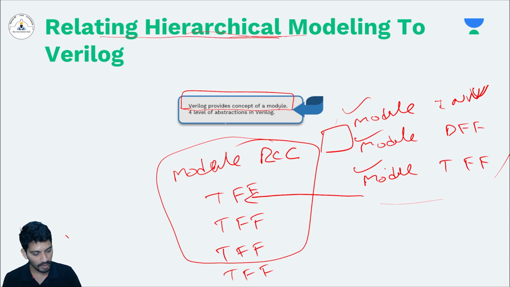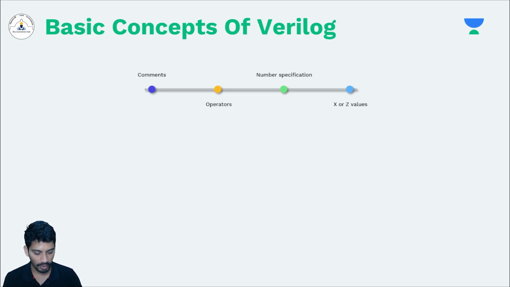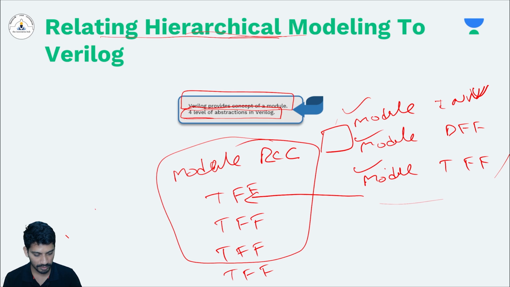In Verilog, there are 4 levels of abstraction available. What are the 4 levels of abstraction?